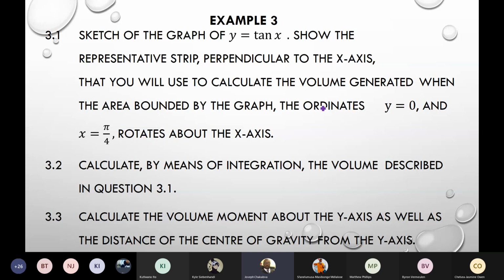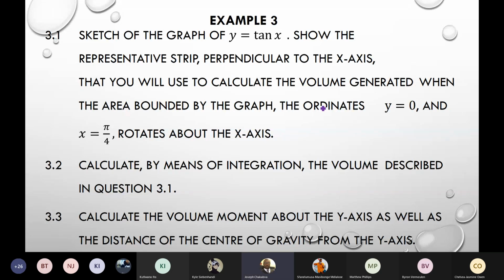So they tell us here where the strip is supposed to be, perpendicular to the x-axis, meaning it's facing the x-axis. Then calculate the volume generated when the area bounded by the graphs, the ordinates y is 0 and x is pi over 4 rotates about the y-axis.